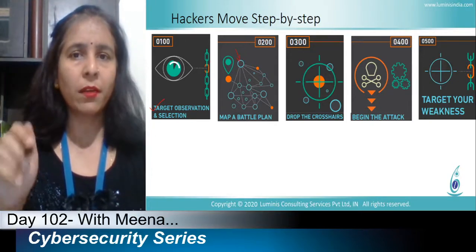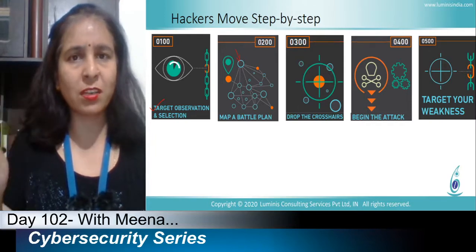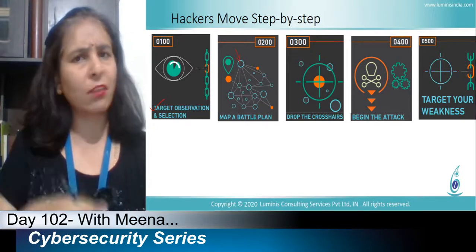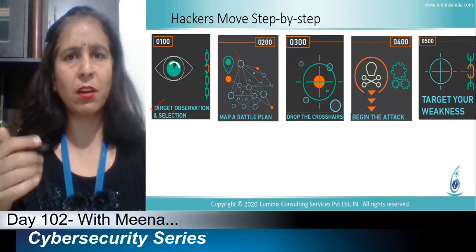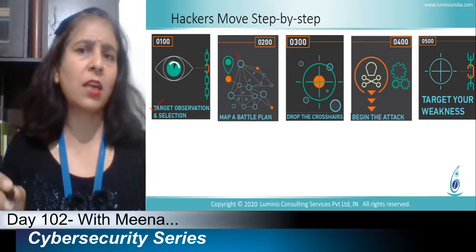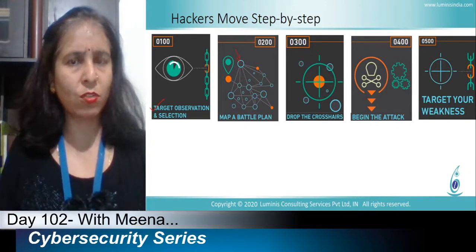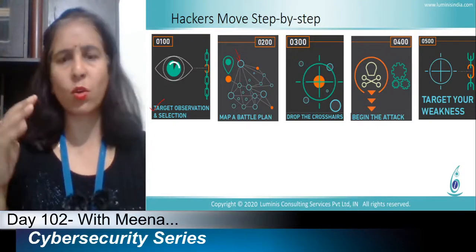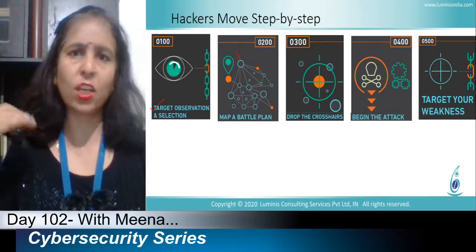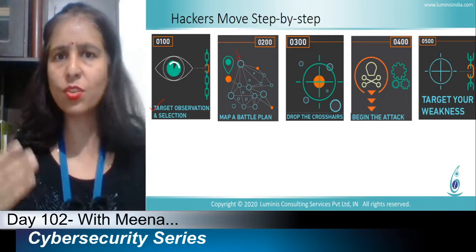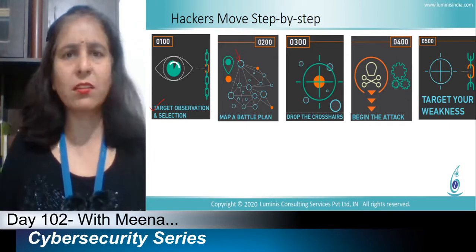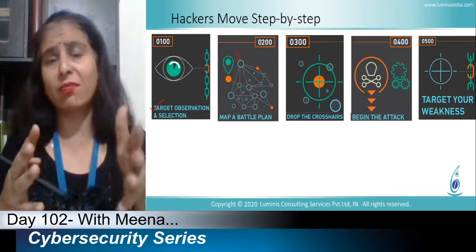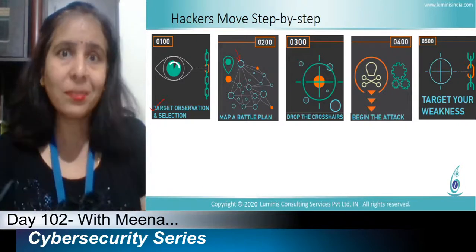Whatever tasks they do, whether manual or automatic, they try to get information about the network: what type of network they are using, what segments it has, which servers are inside, what firewalls or security devices and antiviruses the organization is using, and where the most valuable asset exists, the one they are interested in.